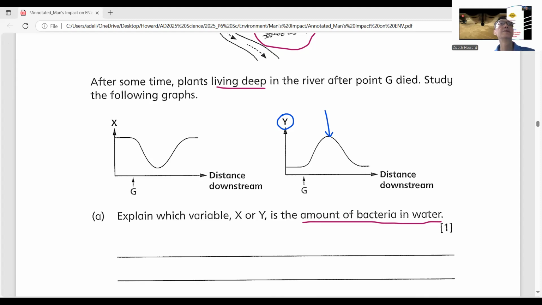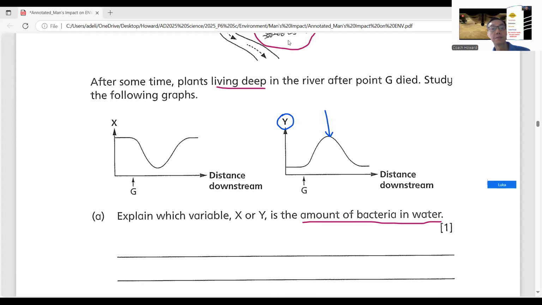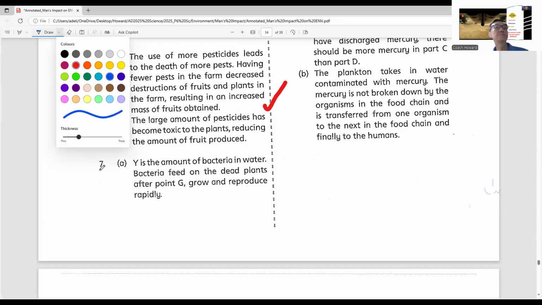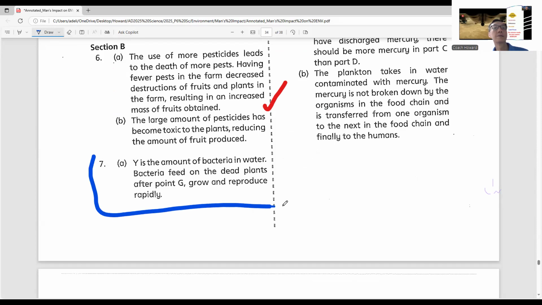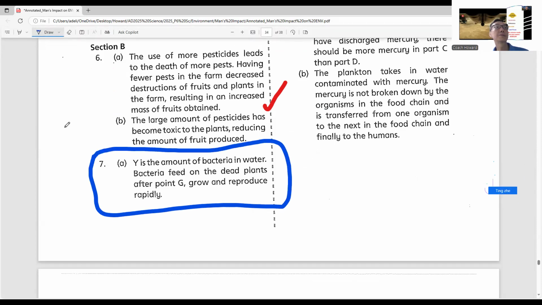Okay. So I would screenshot the answer and show you this part. Here. So your answer should be this part. I will highlight this part. A: bacteria, Y is the amount of bacteria.